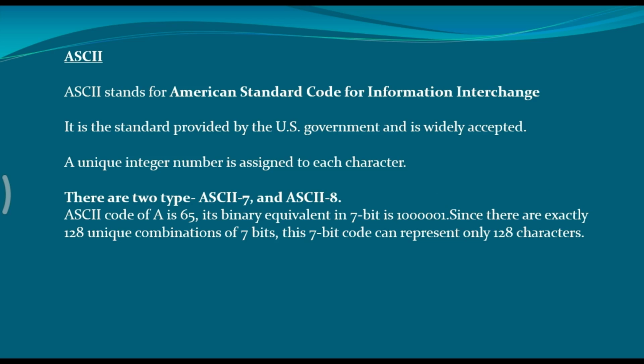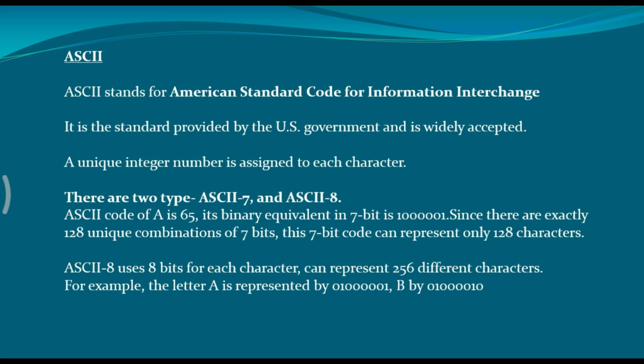Since there are exactly 128 unique combinations of 7 bits, using 7 bits we can represent 128 unique characters. So ASCII 7 code can represent only 128 characters because 2 raised to 7 is 128.